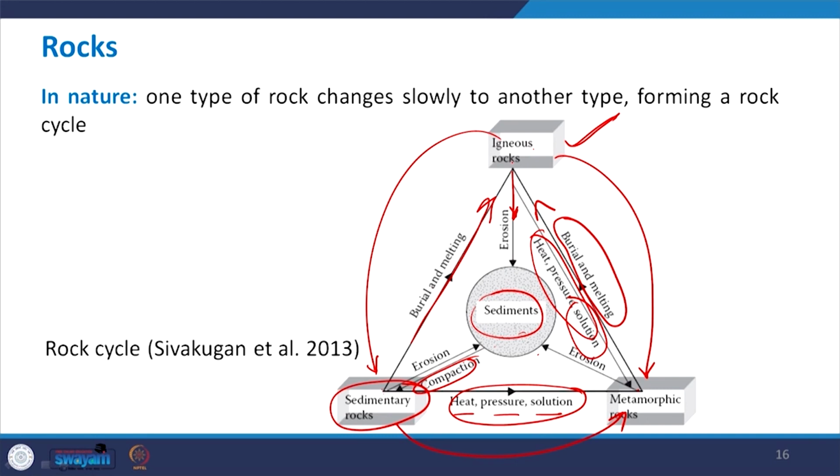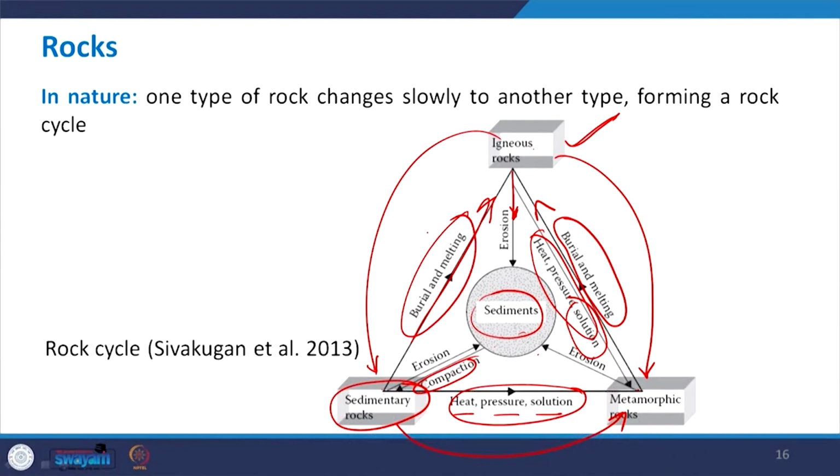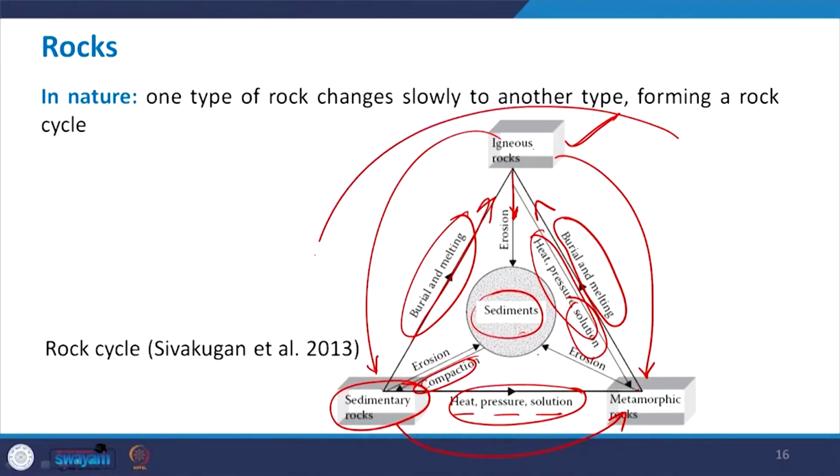Sedimentary rock under the application of heat or pressure or solution can be converted to metamorphic rock. Metamorphic rock and sedimentary rock, when they are subjected to burial or melting by some agency, can be converted to igneous rocks. So basically all of these form a big cycle which is the rock cycle.